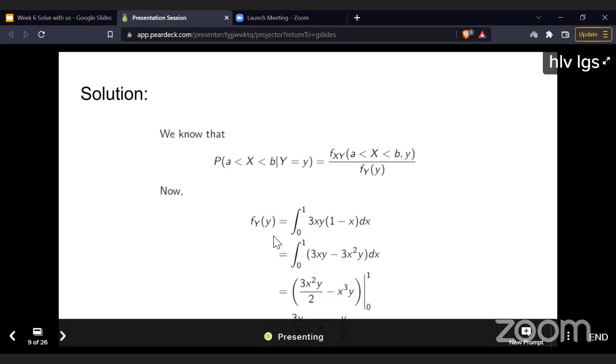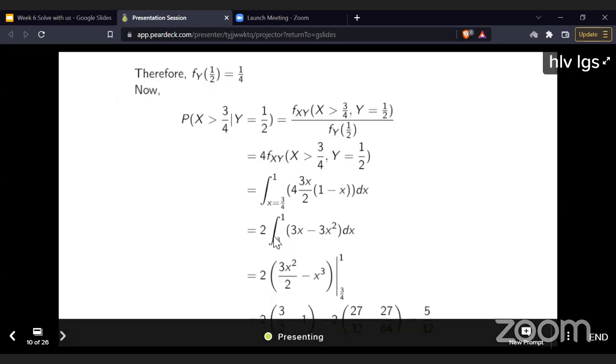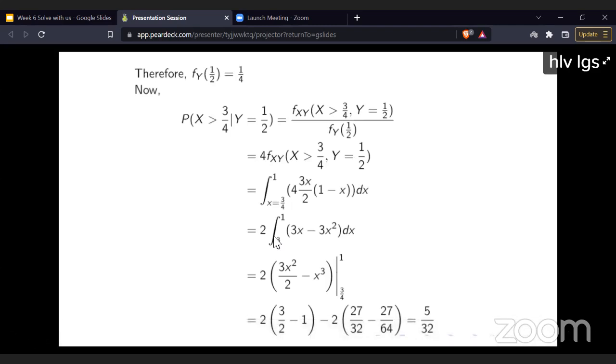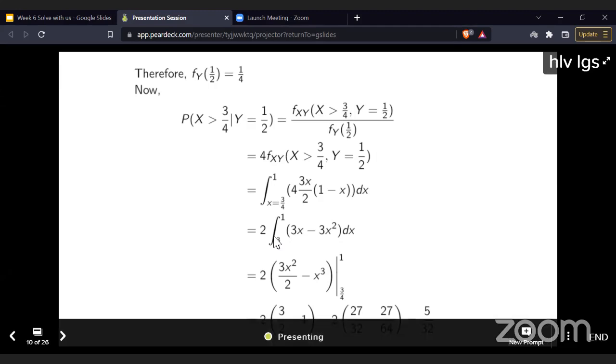Once I found the marginal probability of y, now let's come back to the original problem. On the numerator part, you have the joint density, x greater than 3 by 4, y equals 1 by 2. So your y is fixed, right? Your y is just 1 by 2.